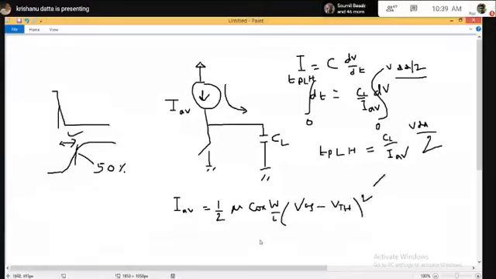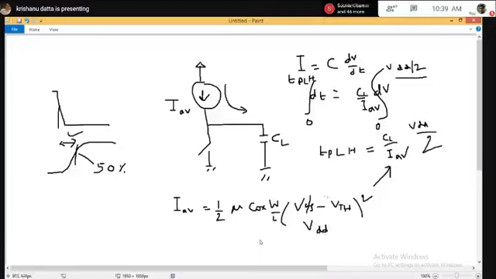Now if I replace this equation here, the only thing you have to remember for PMOS is that this mobility will be mu P, and W by L will be WP by LP. Obviously, in this case, this is VDD.